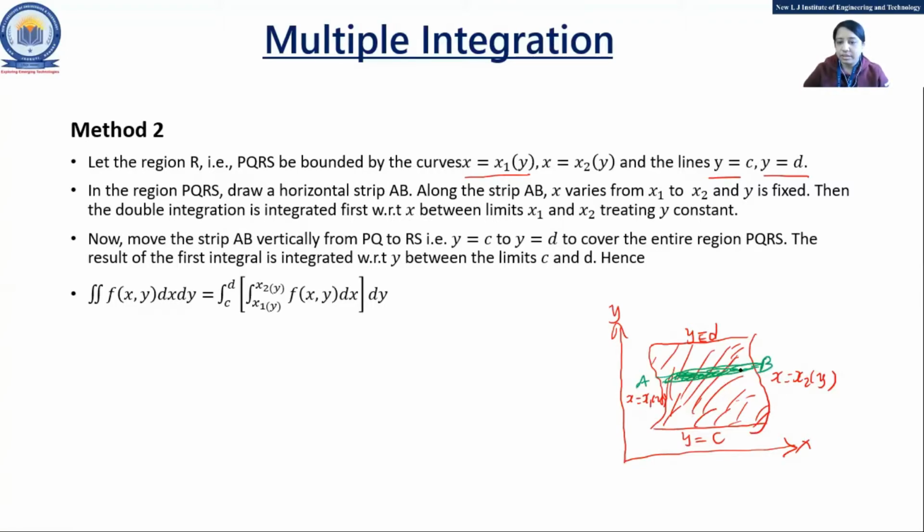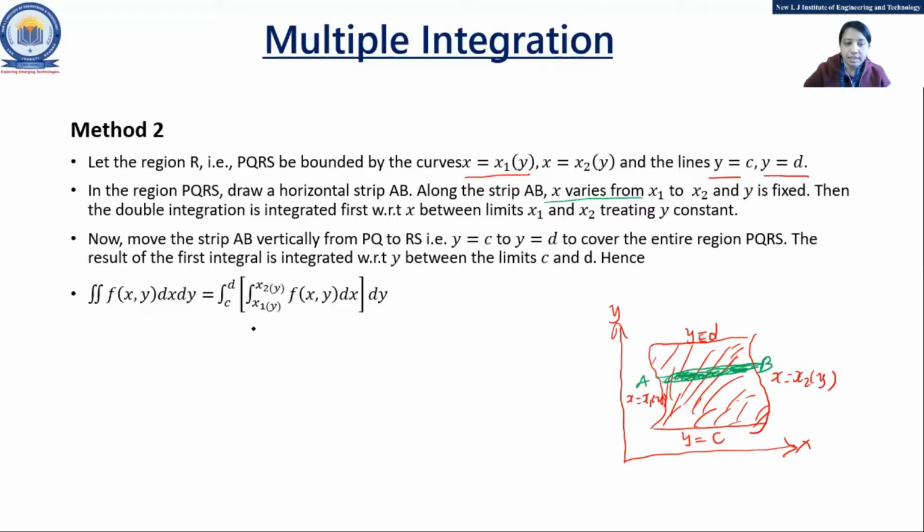So what happens? This will move from x1 of y to x2 of y. Okay, fine. So along the strip AB, x varies from x1 to x2 and your y is supposed to be fixed.